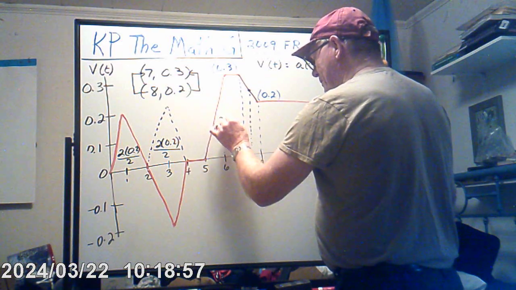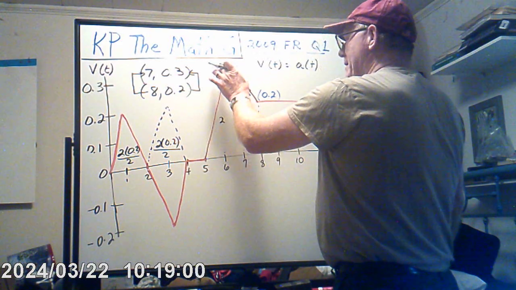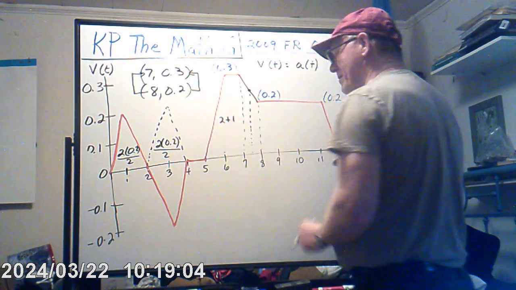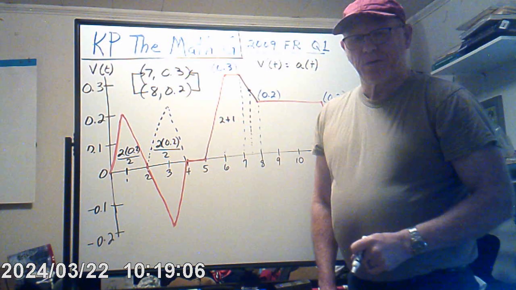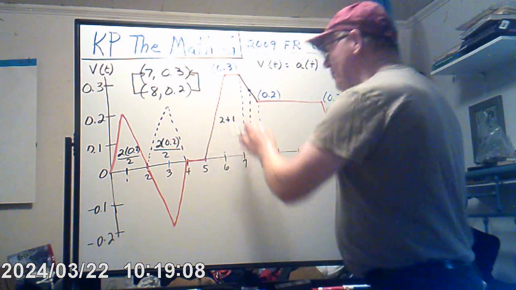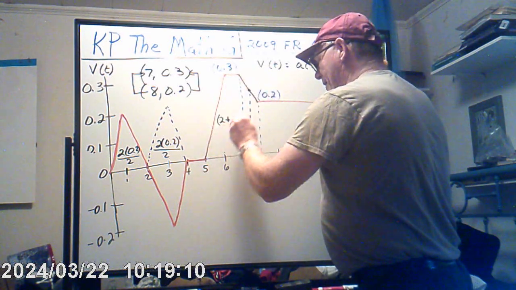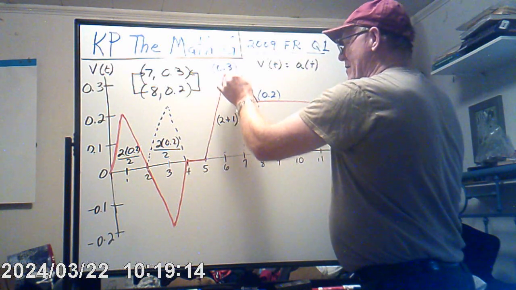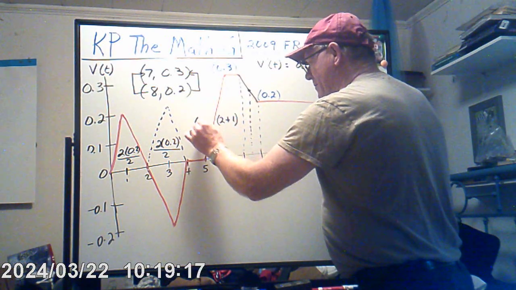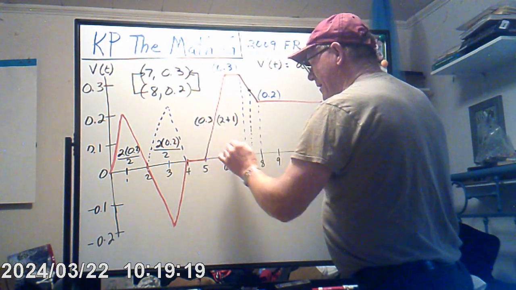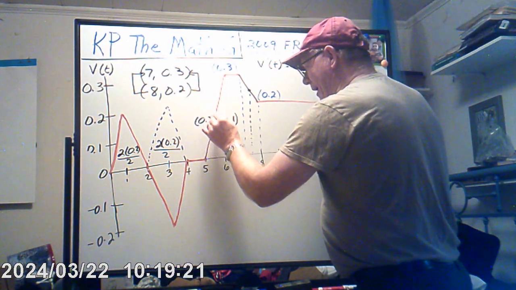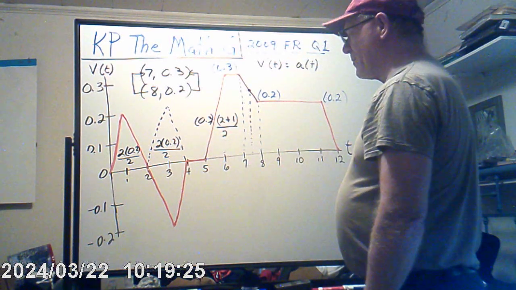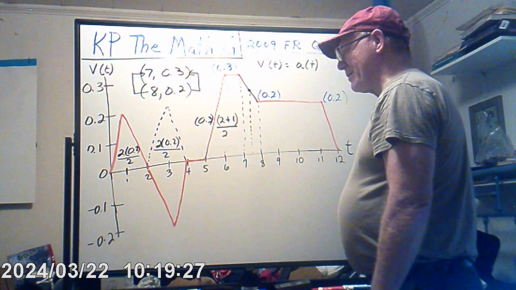That's 2 on the bottom. At the top, that's 1. So 2 plus 1. Remember, on trapezoids, you add the 2 parallel parts, and then you multiply that by the height, which is 0.3, and then we're going to divide that by 2. Remember, trapezoids are divided by 2 as well.